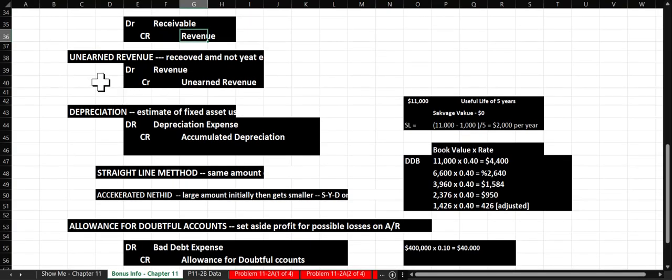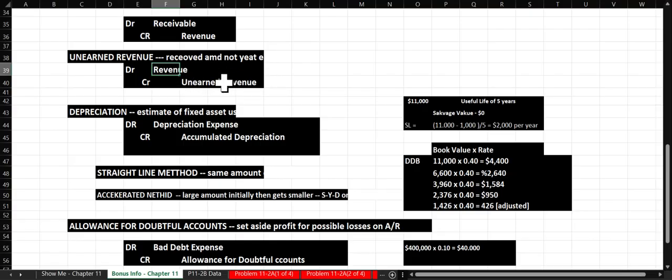Also, we can have unearned revenue. This would be the opposite situation where we did get the money, but we haven't yet earned the amount. And so the amount that was not yet earned goes into an unearned account, which is a liability account, and we would take it out of the revenue.